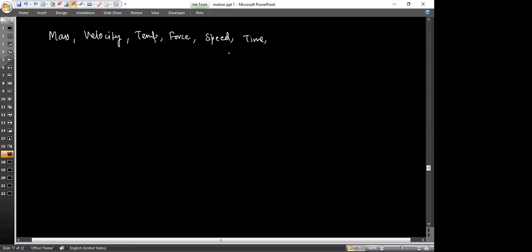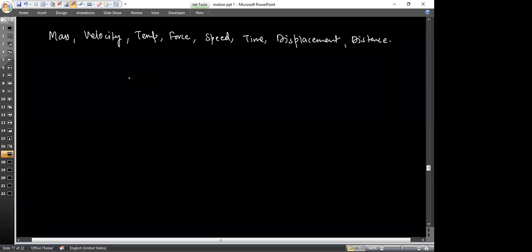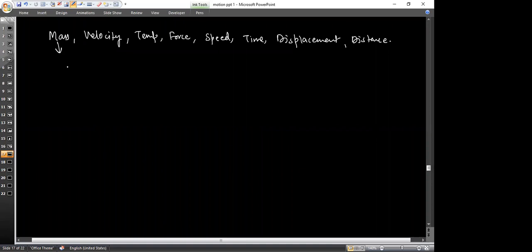Some of these quantities, like displacement, I'm taking another example, displacement, distance. Let's talk about each of them. Mass tells us how heavy an object is.